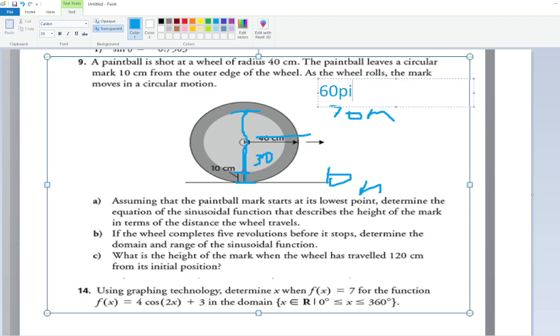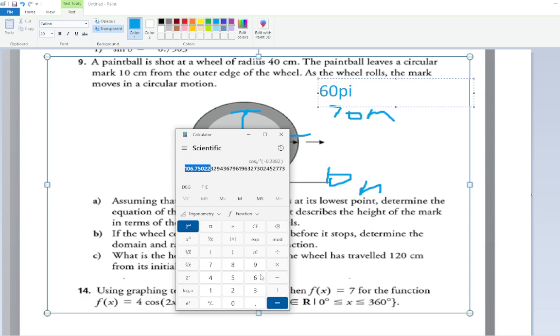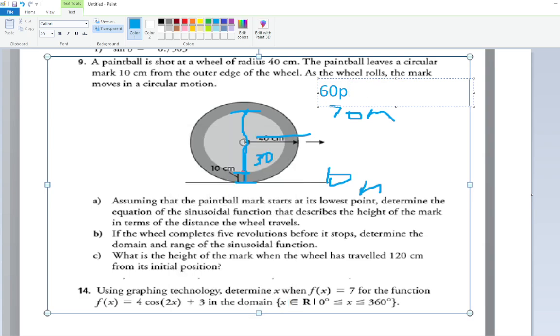Or 60 times pi. So let's find out what 60 times pi is. Oh, that's not 60 times pi. So this is my actual period, it goes around this distance. 2 pi times radius.